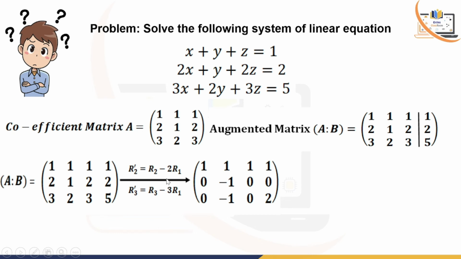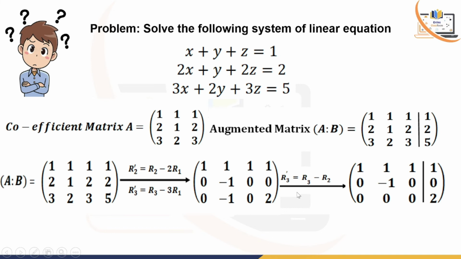If we perform these two operations, we get this particular matrix. We can observe that in this matrix these particular positions are 0, but the rest of the positions have changed. Now, the next target is to create 0 in this position using minus 1.